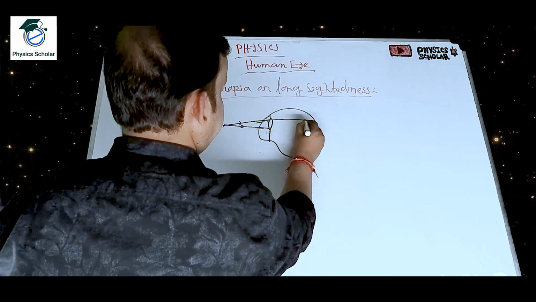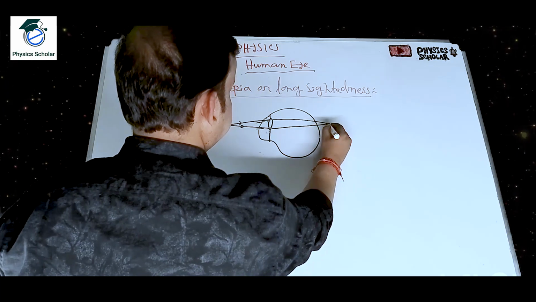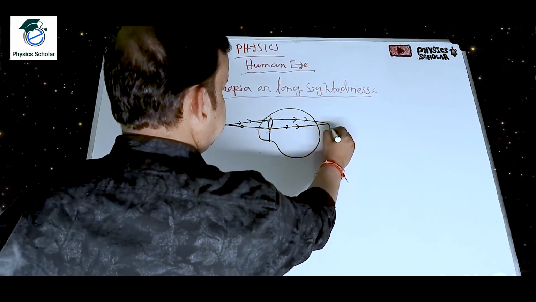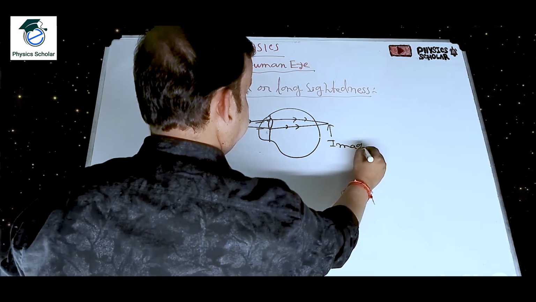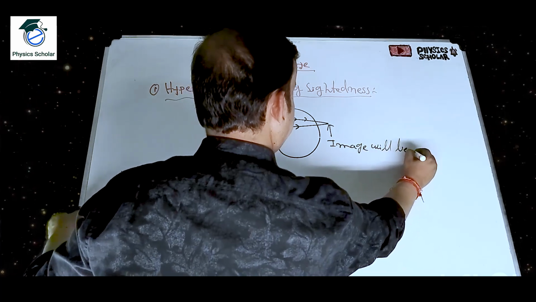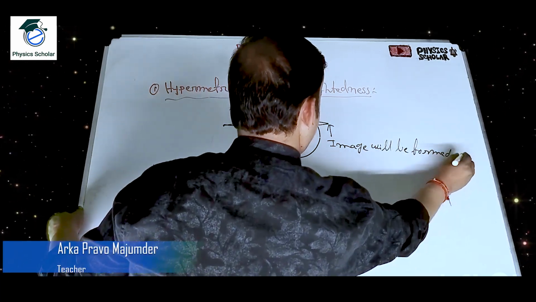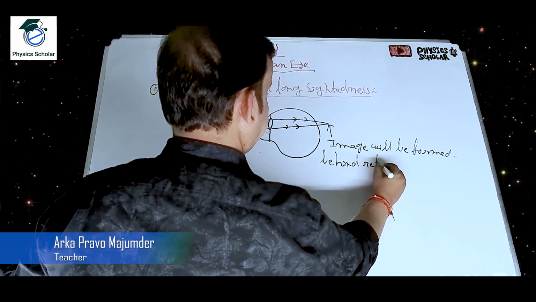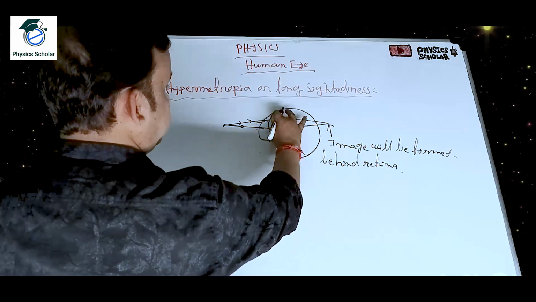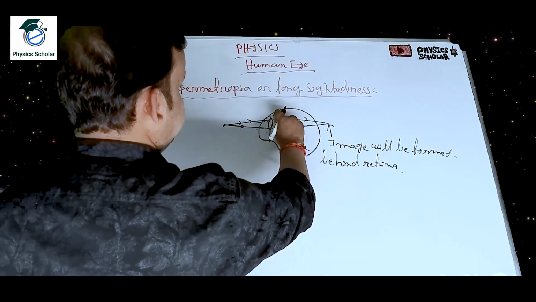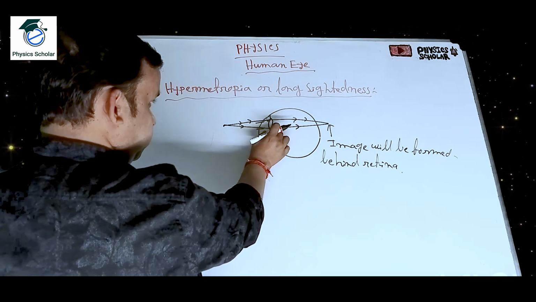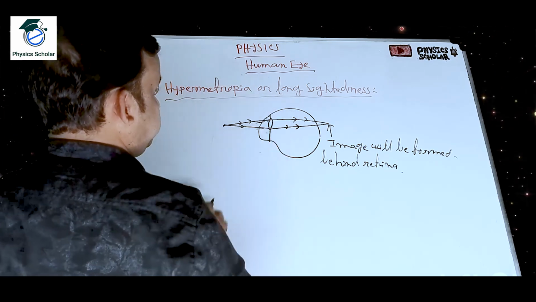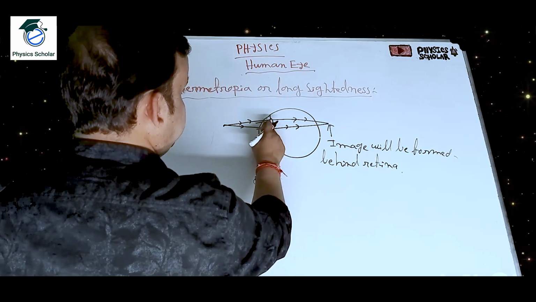That's why the rays will meet behind the retina, and the image will be formed behind the retina. Because of the lack of movement of the ciliary muscles, the lens does not become thicker, so the converging power of the eye lens will not increase.